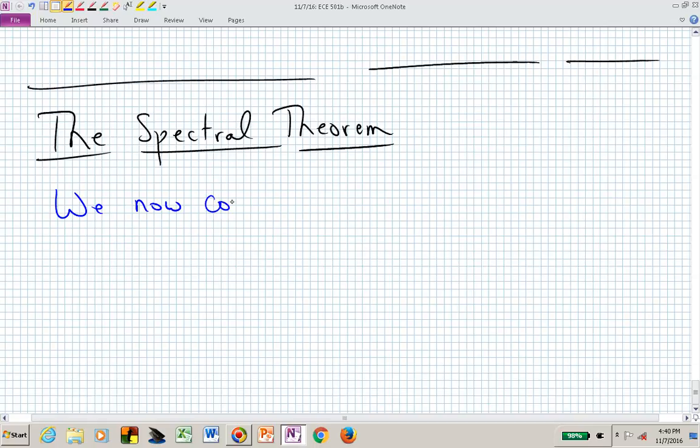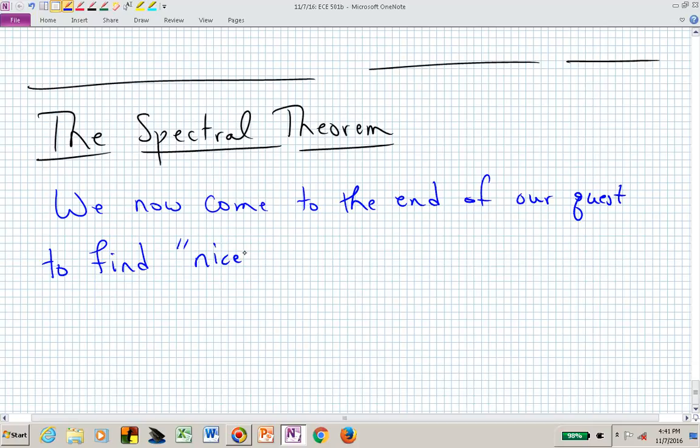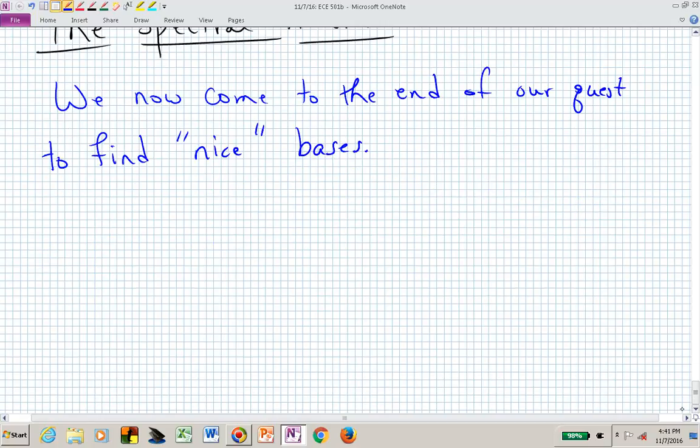We now come to the end of our quest or journey to find what we were labeling a nice basis for a given vector space.